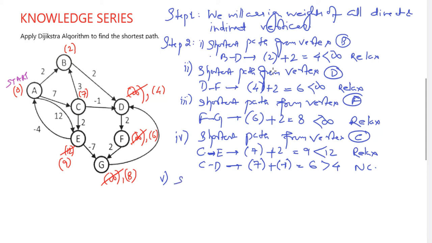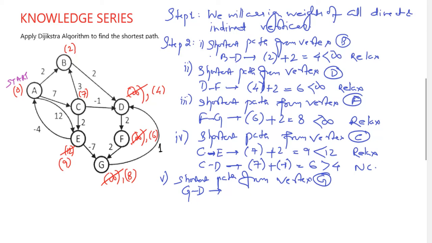So next is the shortest path from vertex G. So we write it as G to D. We completed C, and now we have two vertices, G and E.